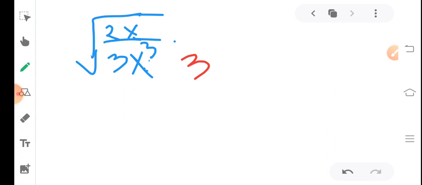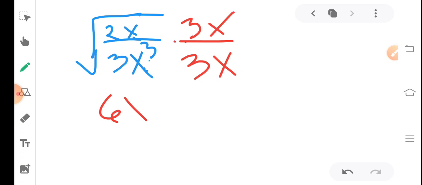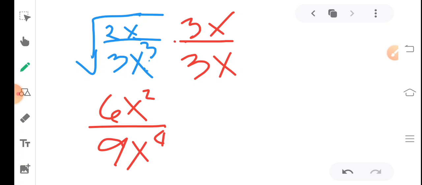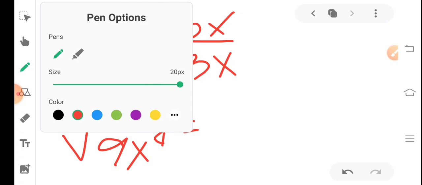Now for x cubed, we'll multiply it with x. So we have 3x over 3x. 2x times 3x is 6x squared over 3x cubed. We have 9x to the fourth power. Then we can now simplify.